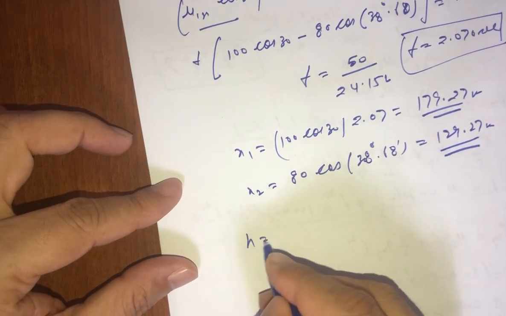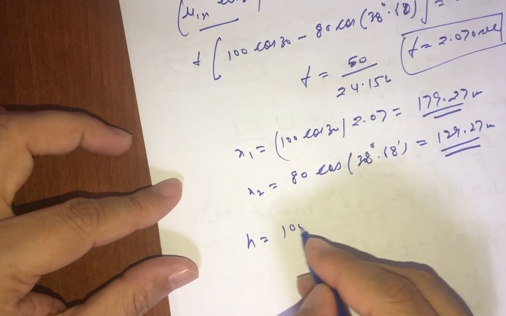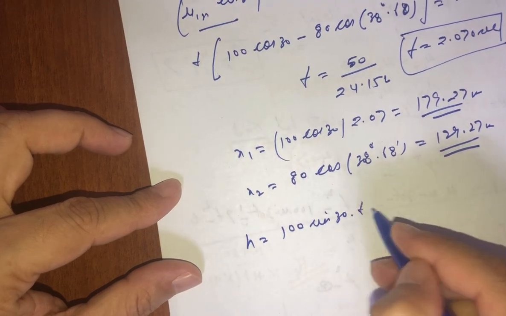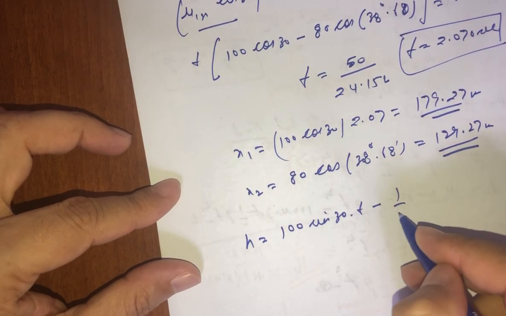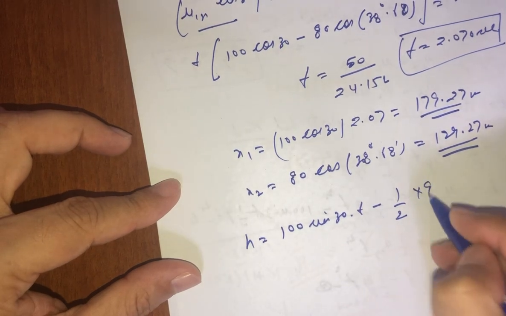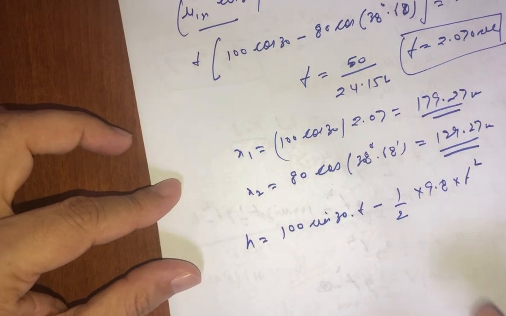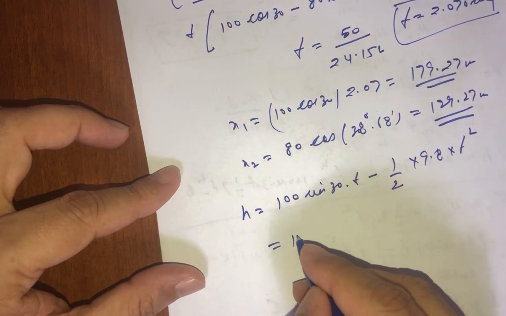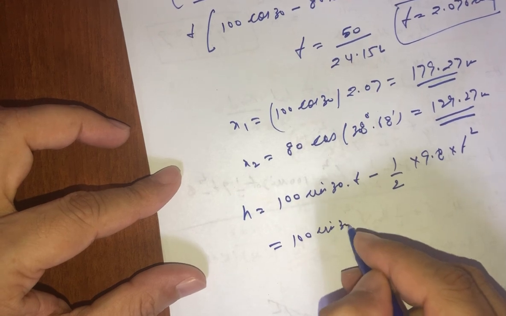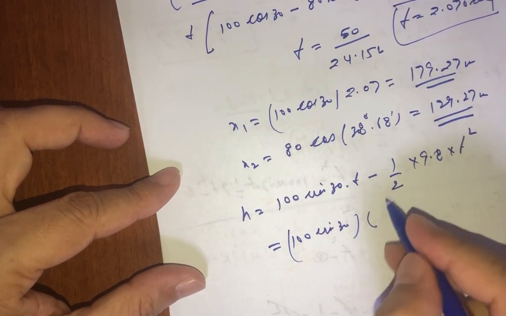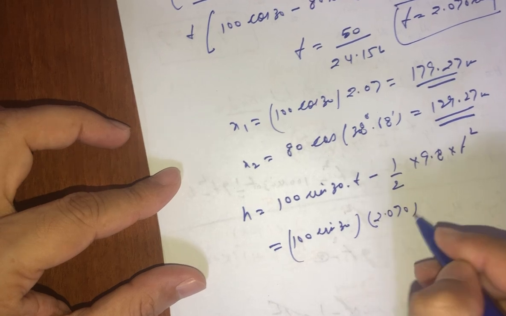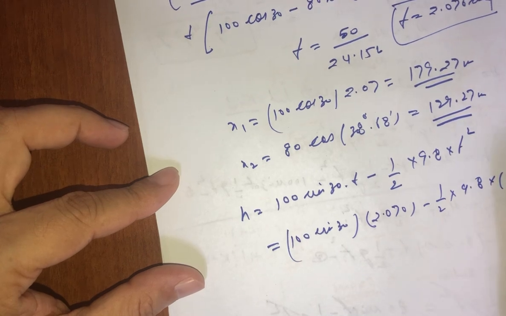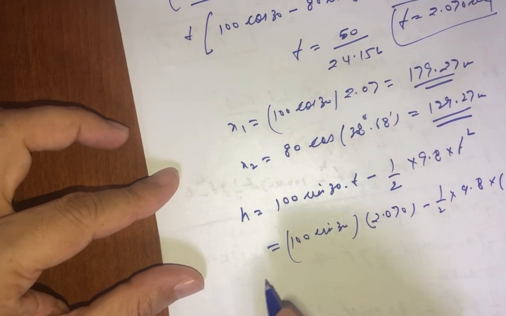And height h, we already know the formula. You can write 100 sine 30 multiplied by t minus half into 9.8 multiplied by t square. Substituting the value of time t, we get 100 sine 30, and time is 2.070, minus half into 9.8 into 2.070 whole square.